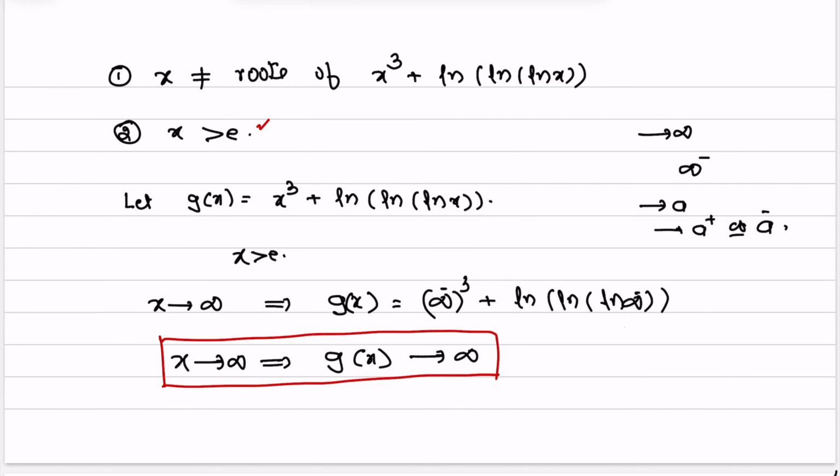Now, another one, even for the denominator we have seen it. x greater than e implies that a small increment of x is also greater than e.